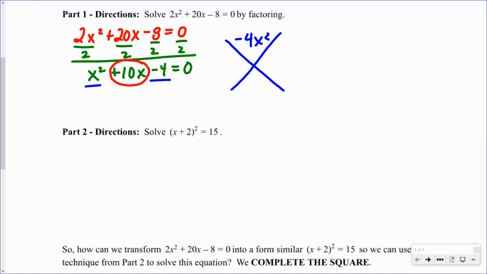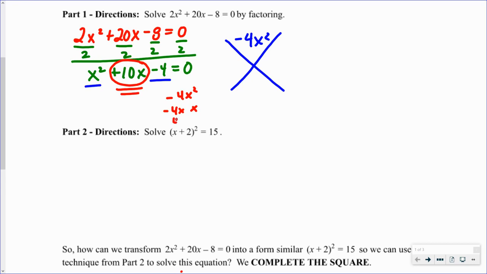Let's think about some factors of negative 4x squared, where you can multiply negative 4x times x. But if you add those together, that equals negative 3x and not positive 10x, which is what we're looking for.